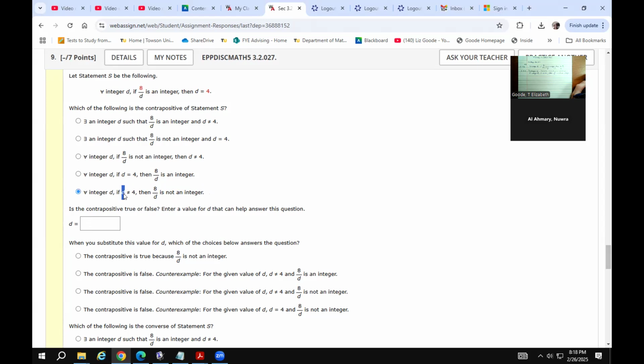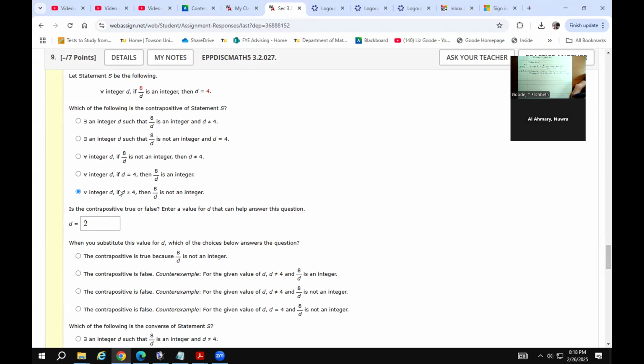Oh, no, we need to pick a D that's not 4, because we want the hypothesis to be true and the conclusion to be false to show this is false. We could use 2. Yep, you can use D equals 2 or 1 or 8. Any of those would work, but 2 is certainly the obvious one.